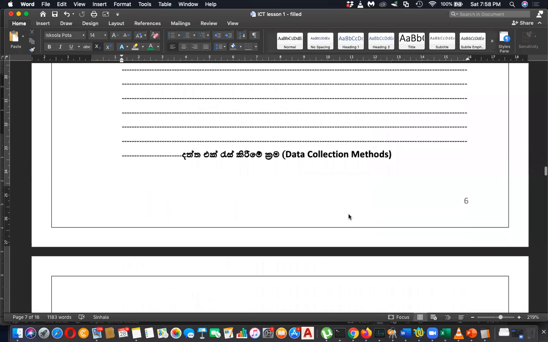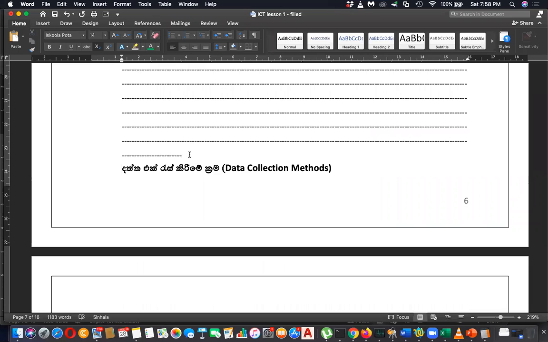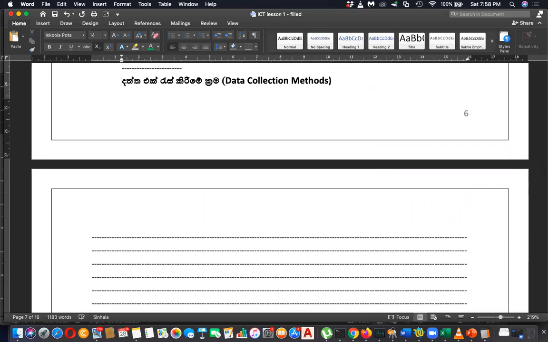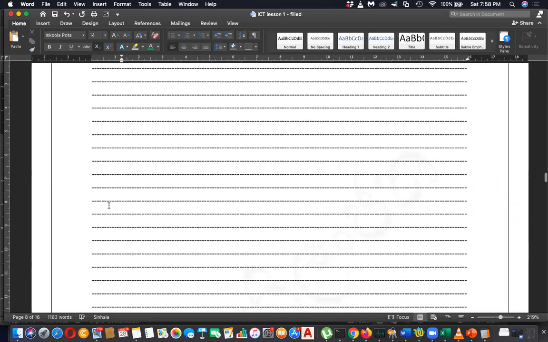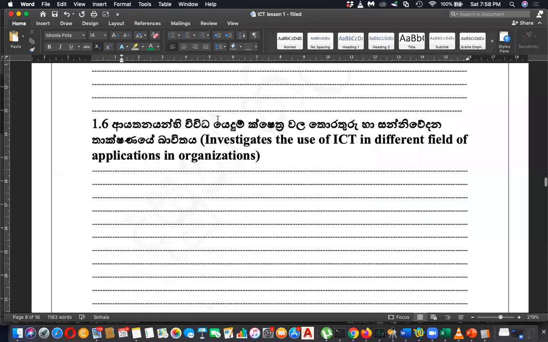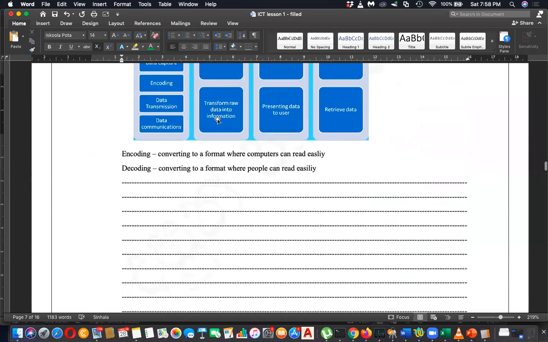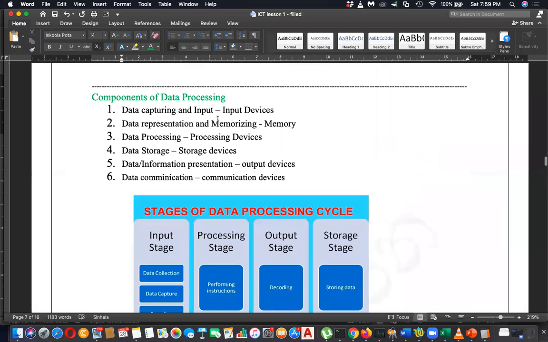Right now we know about the data processing life cycle, and next we have to learn about data collection methods, data capturing methods, and data processing methods. So 1.5 is about data collection formats, collection methods, and capturing methods.